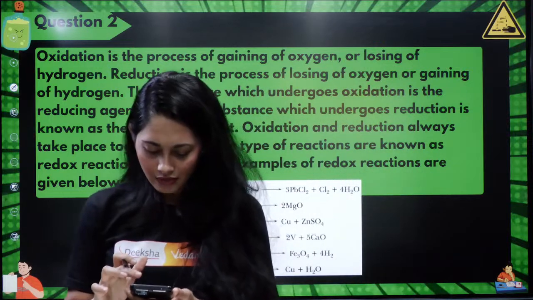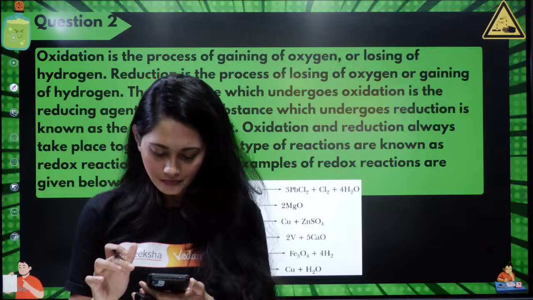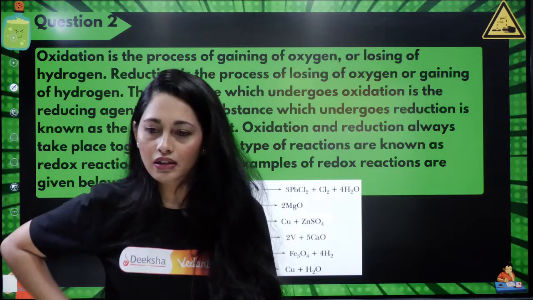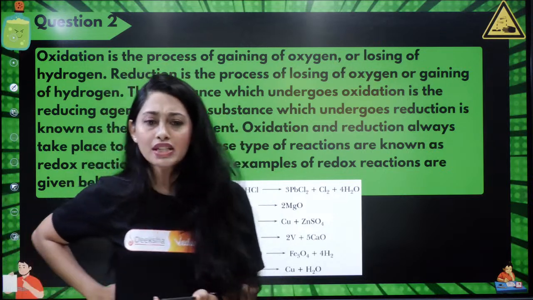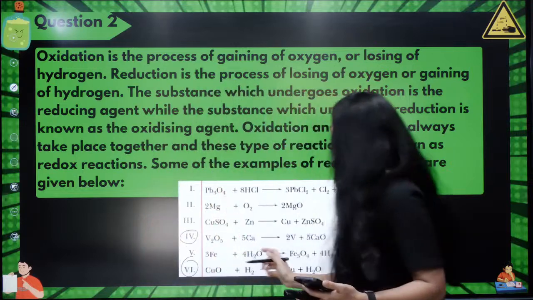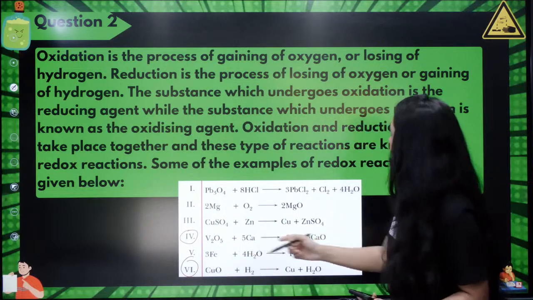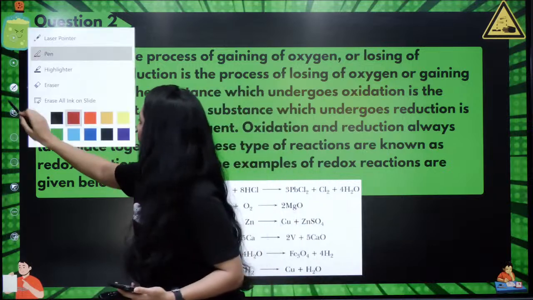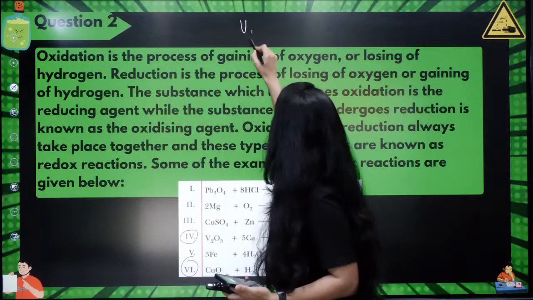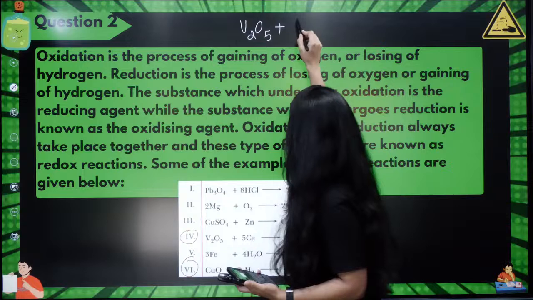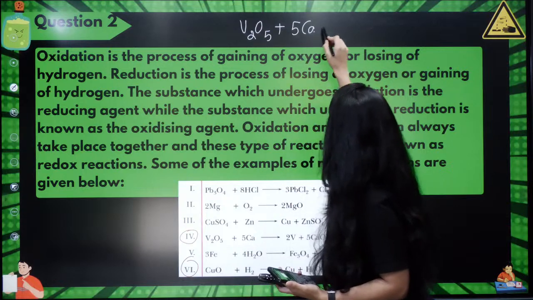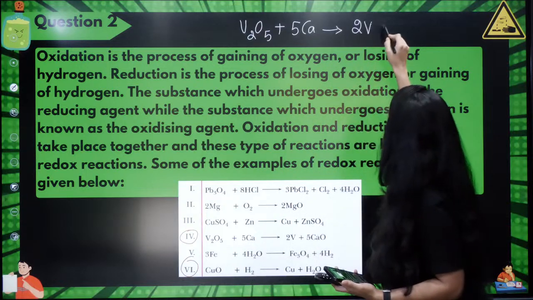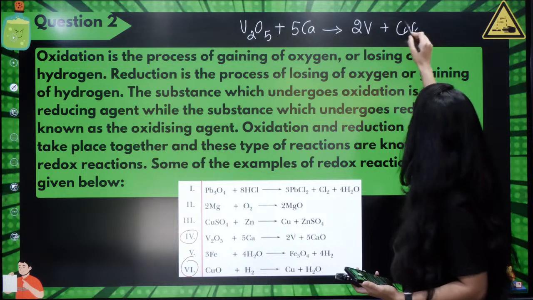Come on. Why isn't anyone giving the answer? What's the answer? See here. V2O5 plus 5Ca. So, V2O5 plus calcium undergo a redox reaction to form vanadium and calcium oxide.